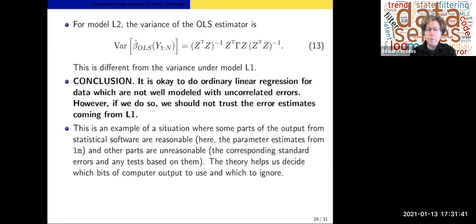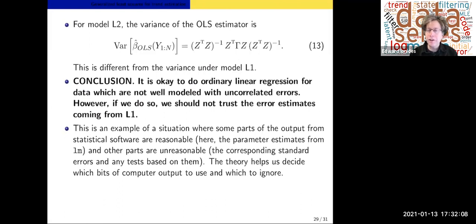Some parts of the output from the statistical software are reasonable, here the parameter estimates from lm. Other parts are unreasonable, the standard errors and any tests based on them. These theoretical results, which we've thought about and looked up, help us decide which bits of computer output to use and which to ignore.